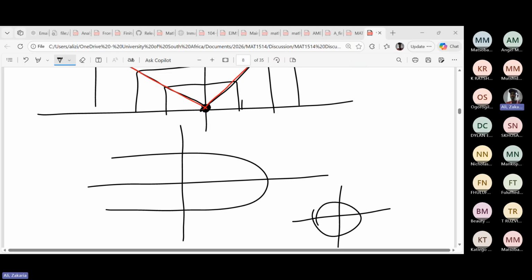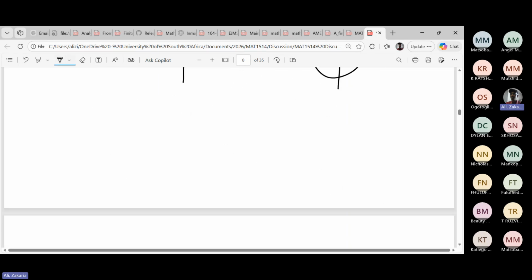So I'm going to first give the definition of a one-to-one function before I tell you how to use the horizontal line test.